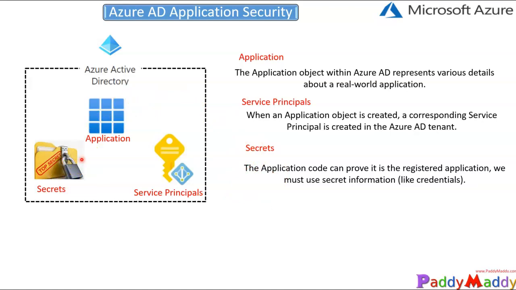So when we talk about the overall integration of these three different components with your Azure Active Directory, you will need to consider security. Since you have the service principals, you have no need to create your applications in a multi-tenant mode.